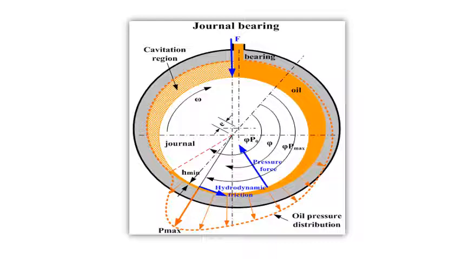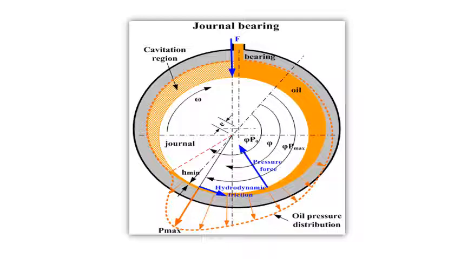We can see from the figure that the center of the journal is displaced from the center of the bearing by a distance represented by small e. It is called eccentricity.